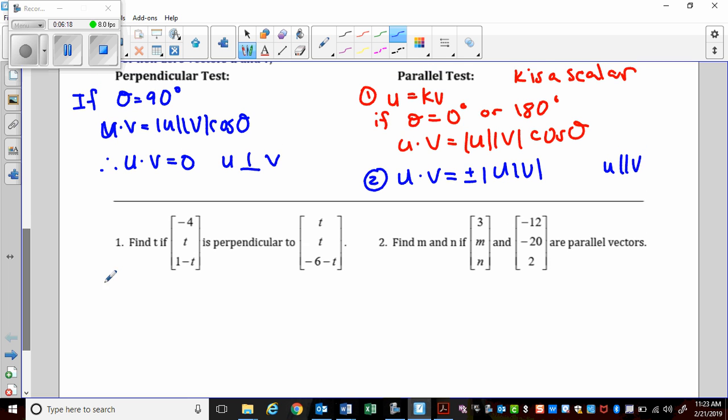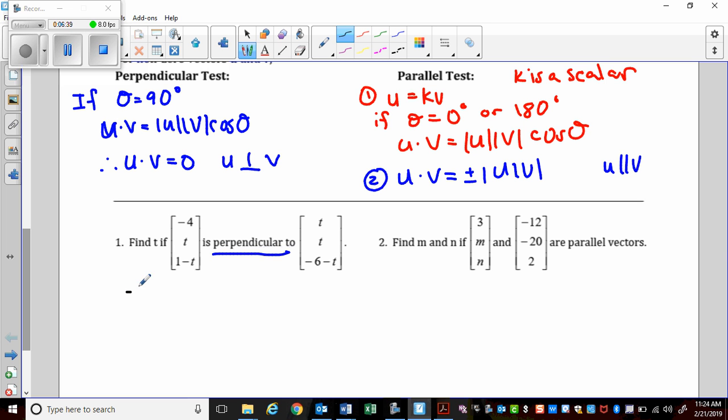All right, it says find t if the vector negative 4t, 1 minus t is perpendicular to the vector t, negative 6 minus t. So remember, if it's perpendicular, then our dot product has to equal 0. They're telling us that our dot product is equal to 0.